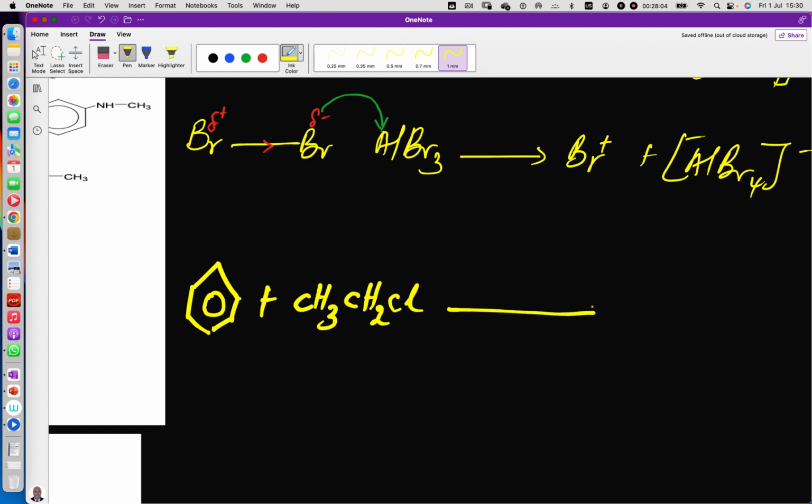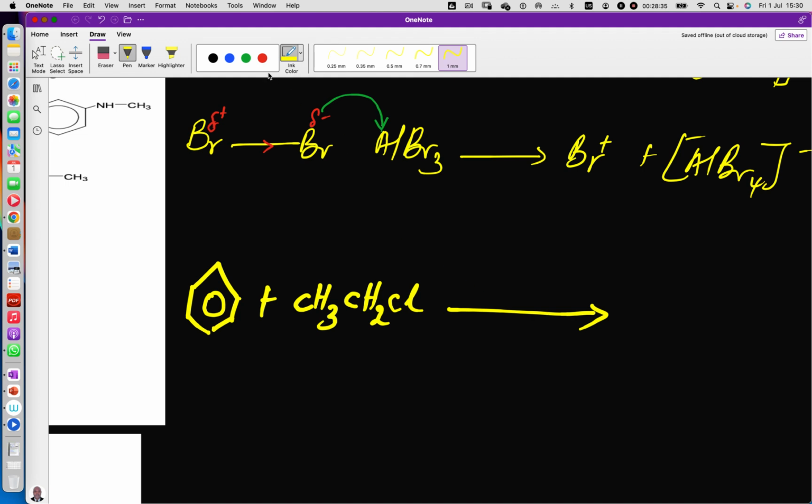Then our catalyst, since we are using a chloroalkane, in this case chloroethane, our halogen carrier is supposed to be anhydrous aluminum chloride. But if it was bromoethane, our catalyst would be anhydrous aluminum bromide.